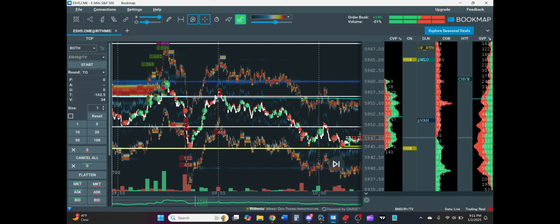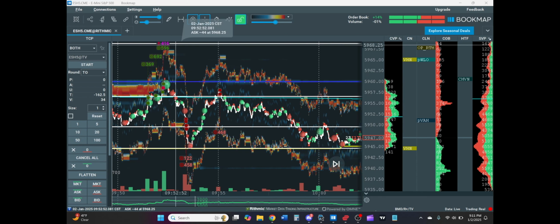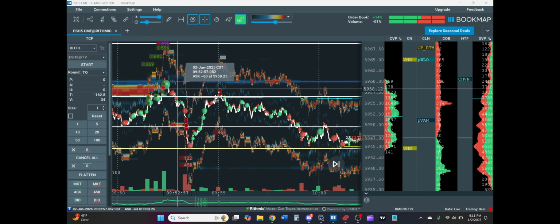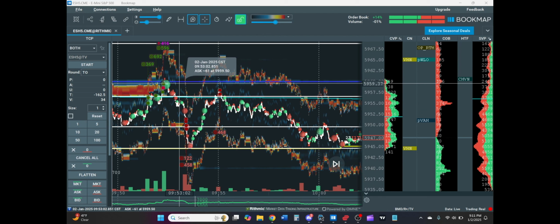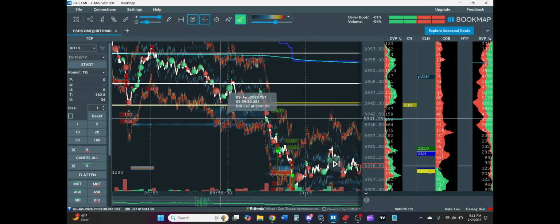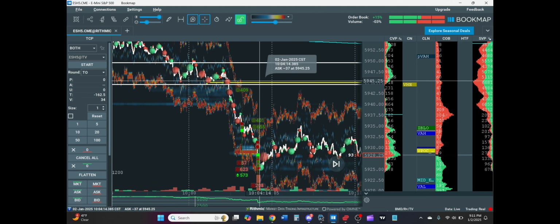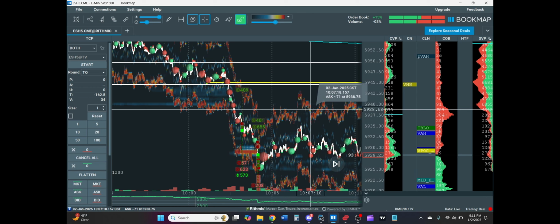So even on a 2 lot, is that 1,000? Yeah. 100. So you would have taken a stop here, 2 points. That would have been 200, so 800. Not trade recommendation. I mean, that's a scale, and then hold a runner.